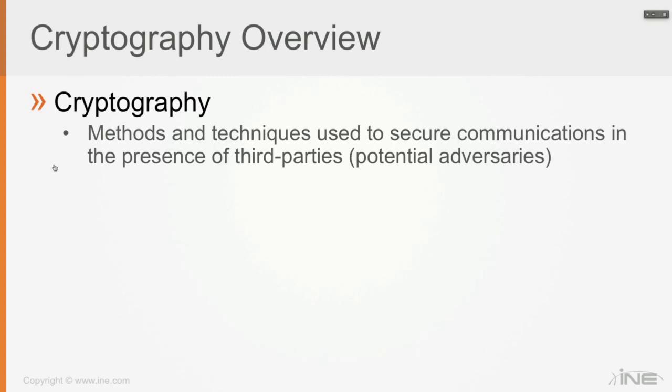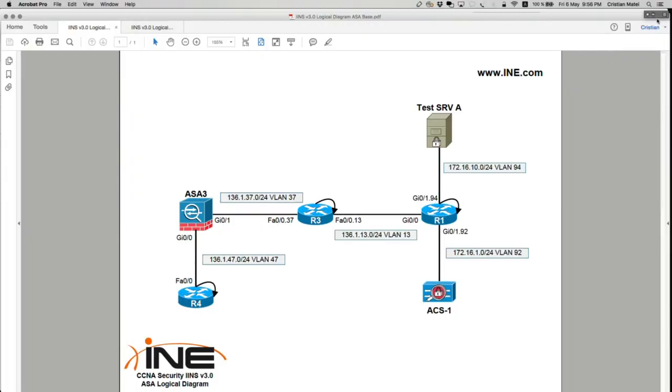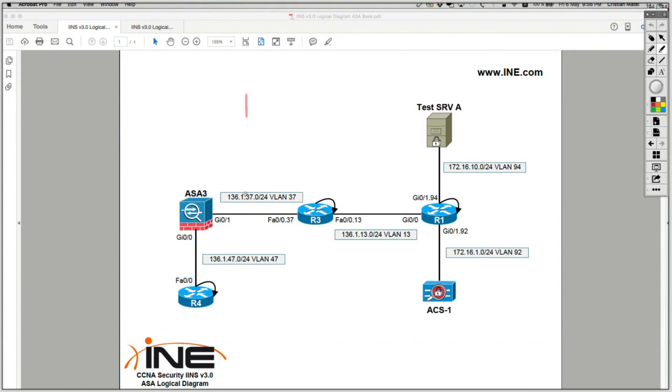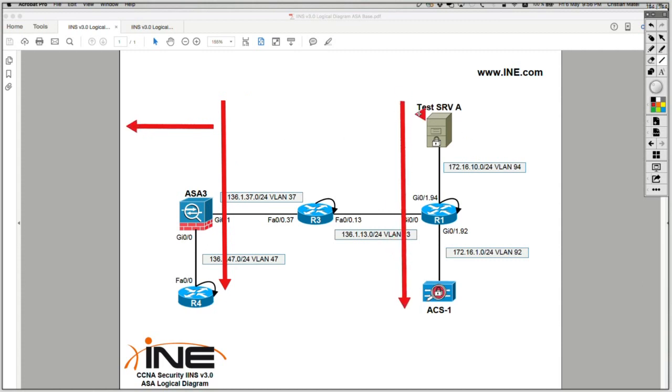Looking at our diagram, let's say that this is one part of our network, one site, and this is going to be another site.